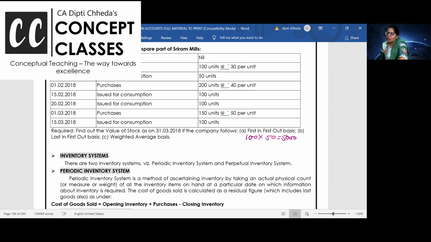Then with the LIFO, last in first out, 50 units at 30, 1500, another 50 units at 50, 2500. Now weighted average, just the total, 100 units at 47, 4,700. So FIFO 5,000, LIFO 4,000, weighted average 4,007.